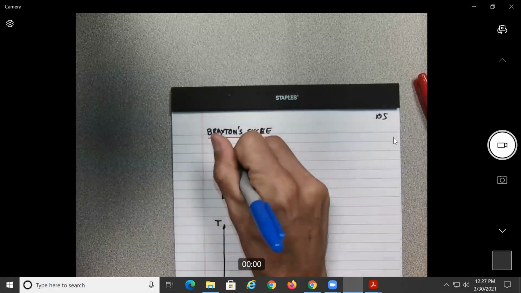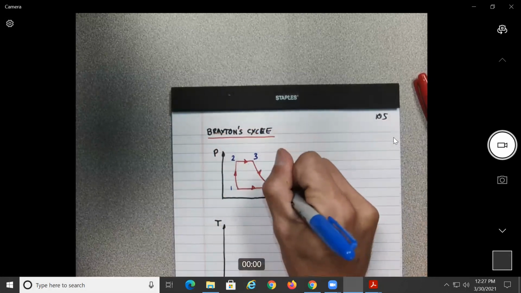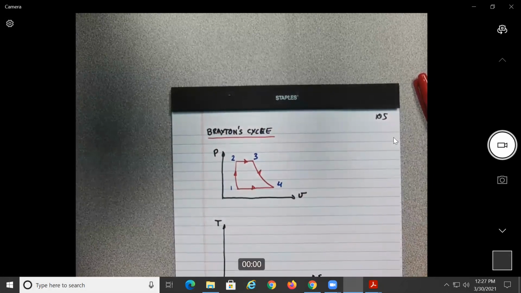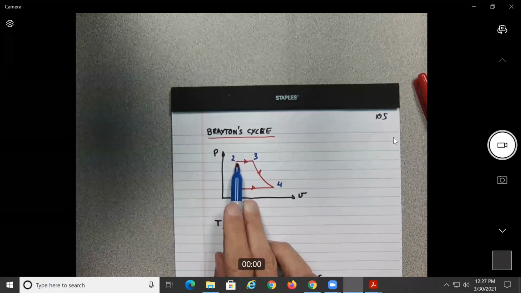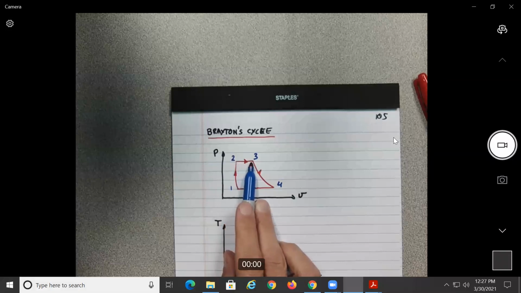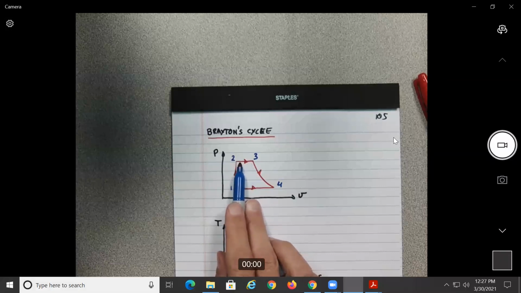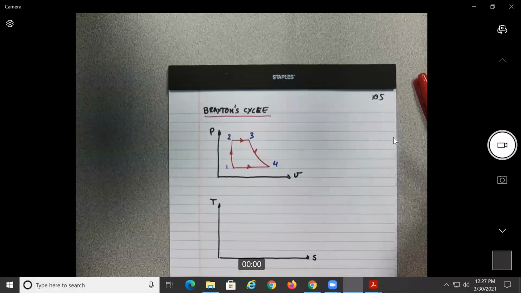Generally, it doesn't matter how you put the numbers. So you start from a lower pressure on the compressor. So this will be what happens on the compressor, no? You go from a low pressure to a high pressure. Then over here is the control volume, and then on the turbine you go back over here.